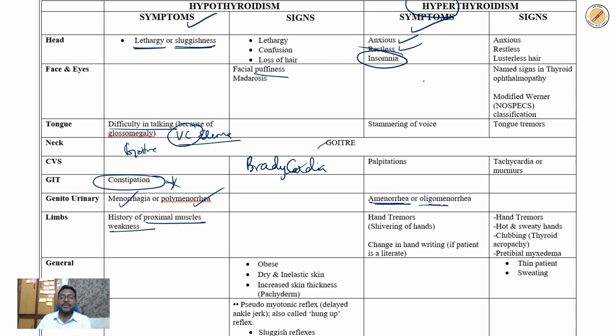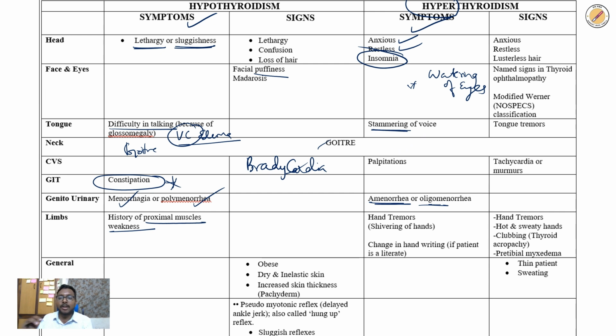Now, coming to face and eyes, in very chronic hyperthyroidism, there will be thyroid ophthalmopathy, and patient can have exposure keratitis, and patient may have watering of eyes. Rarely, very advanced case, right? Now, the other one you need to understand is stammering of voice because of the tongue tremors.